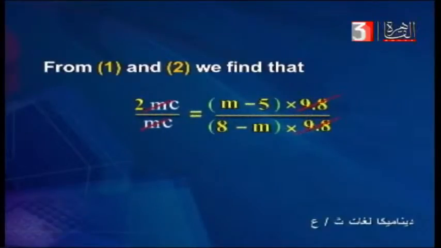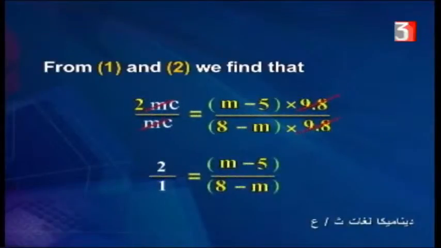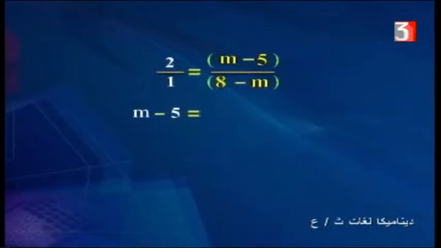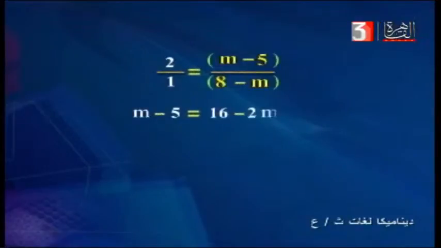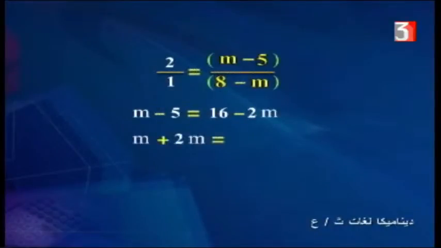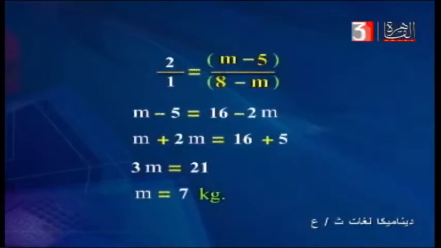Then the left hand side is 2 over 1, and the right hand side equals m minus 5 over 8 minus m. Cross multiplication. Then m minus 5 equals 2 times 8, which equals 16, minus 2m. Then m plus 2m equals 16 plus 5. Then 3m equals 21, and by dividing both sides by 3, the mass equals 7 kilogram.